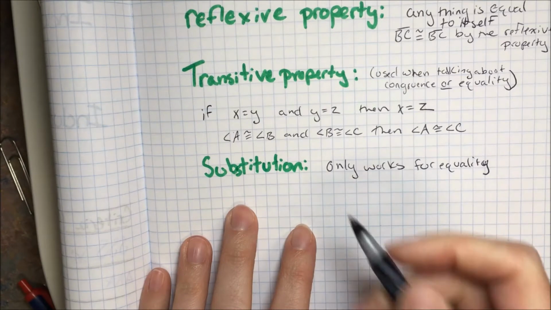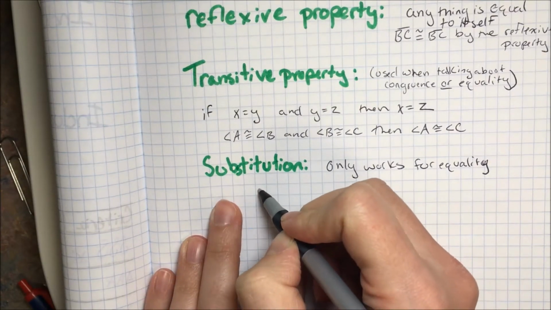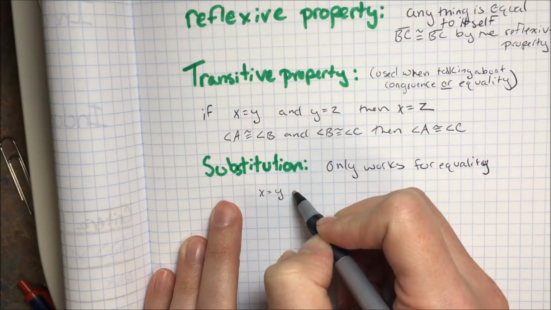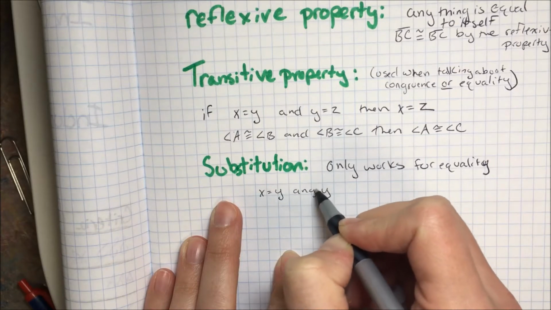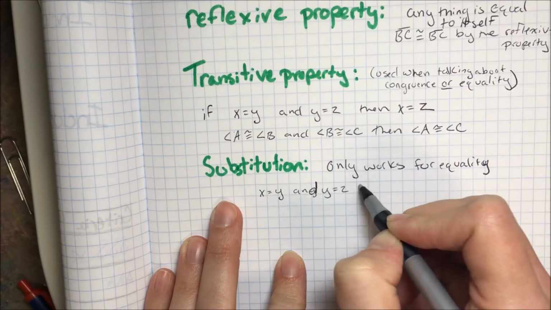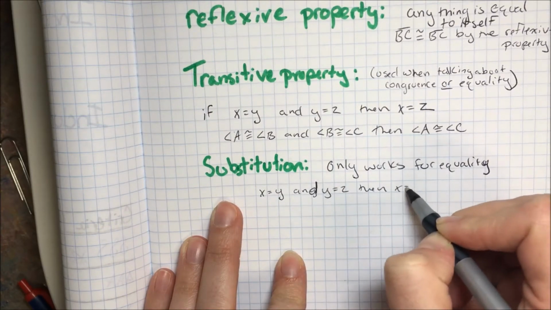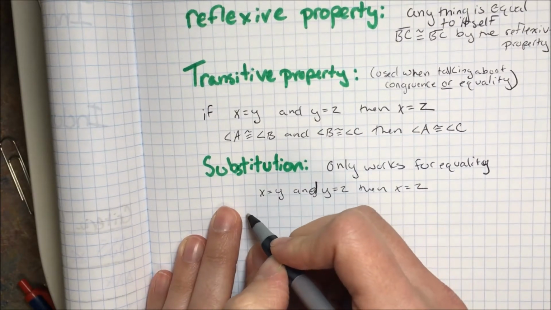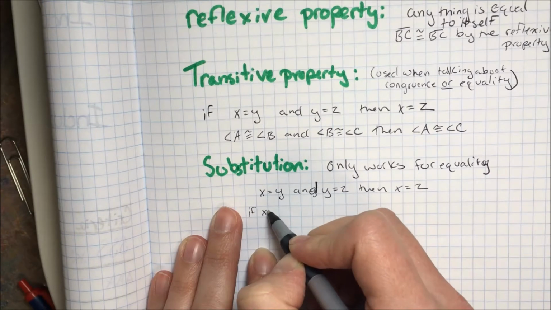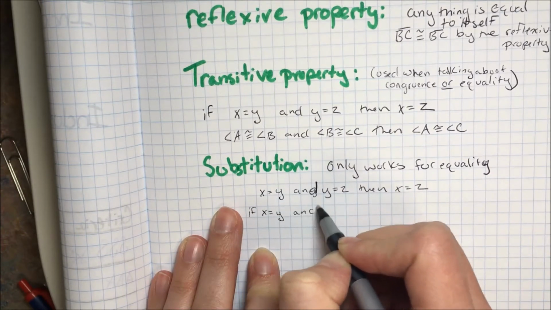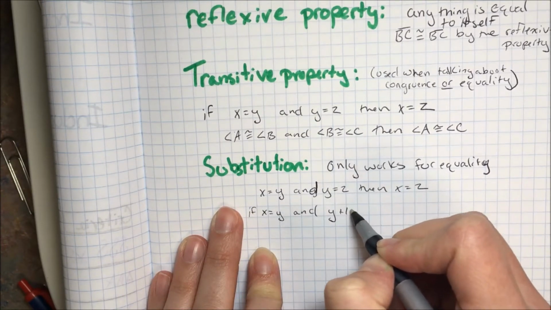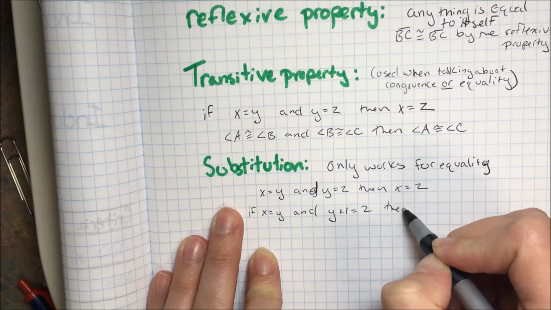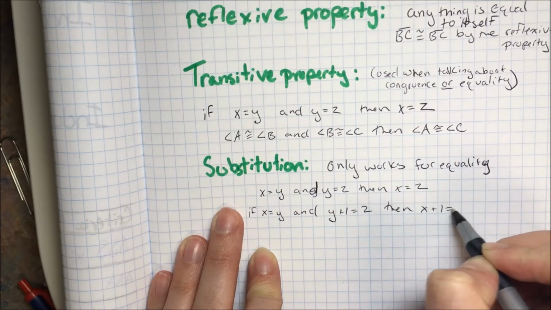Okay, so if I were to say x equals y and y equals z, then x equals z. That's also substitution. I could also use substitution in saying if x equals y and y plus 1 equals 2, then x plus 1 equals 2.